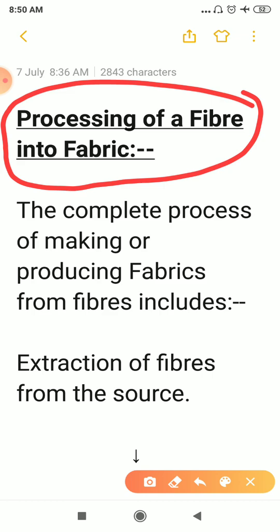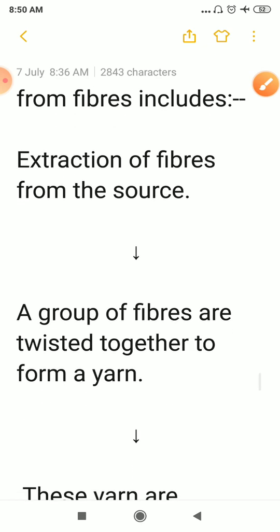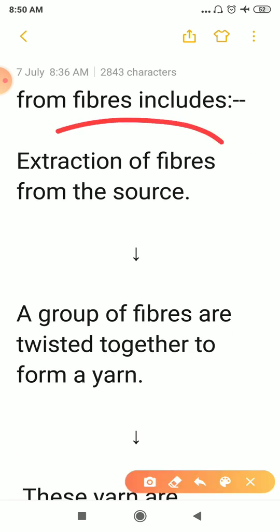The complete process of producing fabrics from fiber includes: first, we extract fiber from the sources, whether natural or man-made, synthetic. The first part is obtaining fiber.